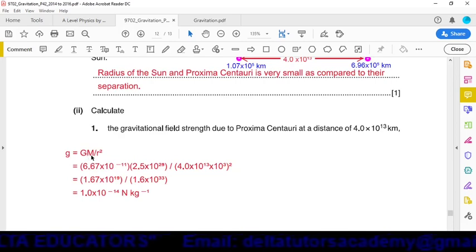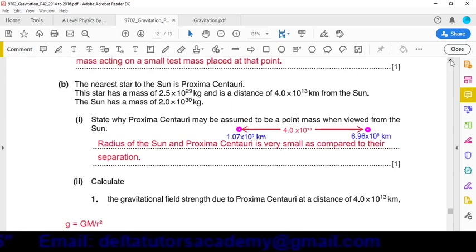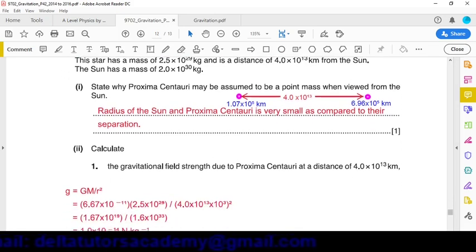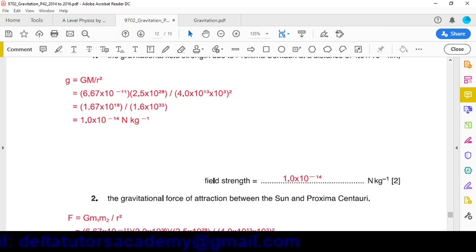This M is the mass of the star, because we have to find the gravitational field strength near Proxima Centauri. So we have to take the mass of Centauri, which is given as 2.5 into 10 power 29.